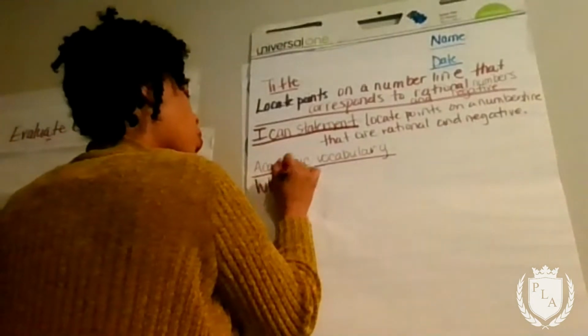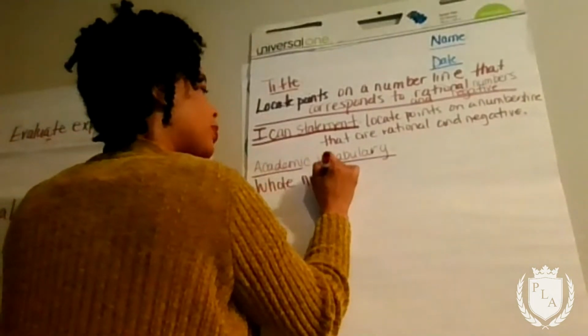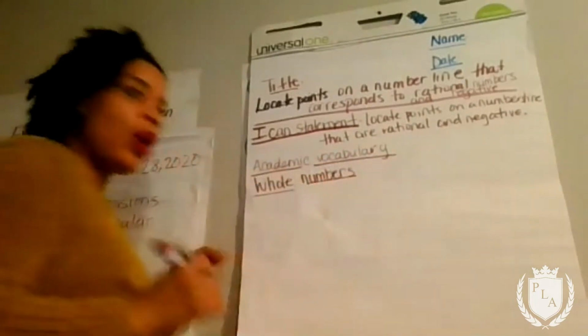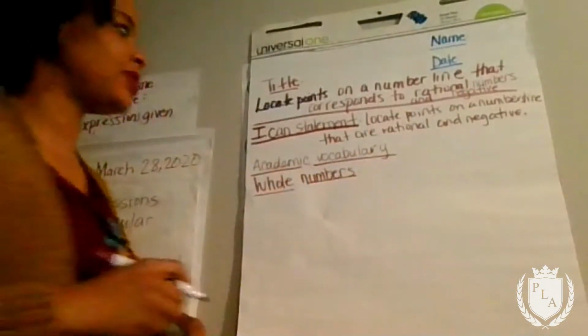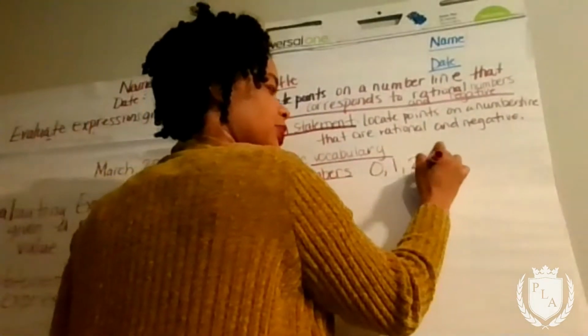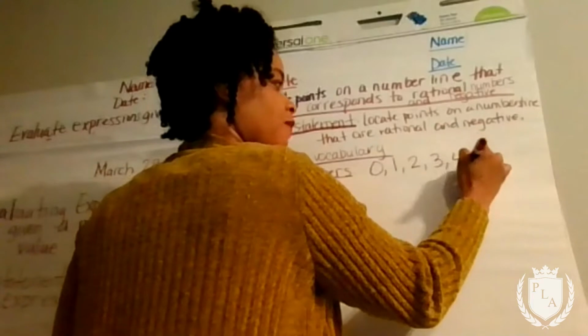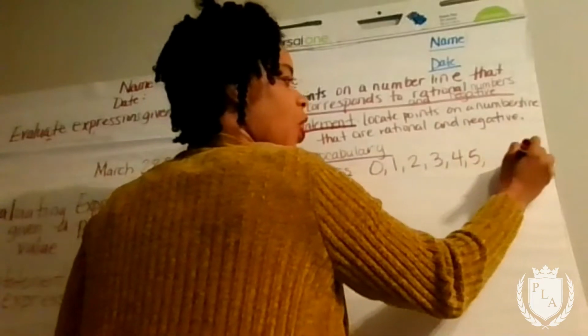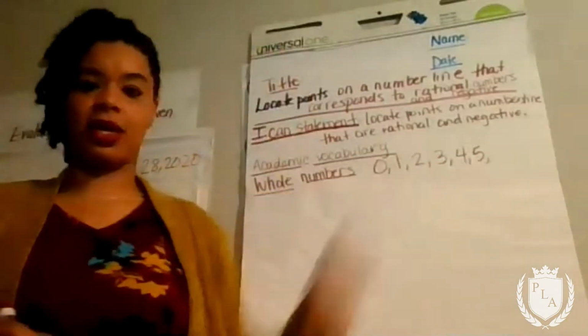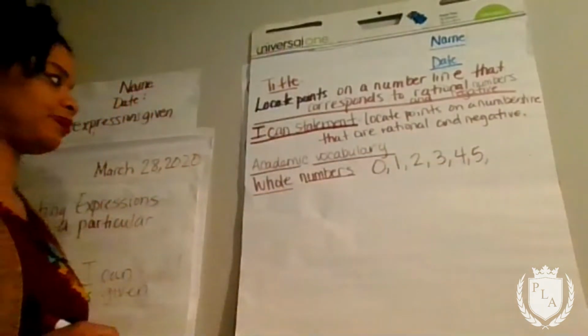Whole numbers. Does anyone remember what whole numbers are? Whole numbers are numbers that include 0, 1, 2, 3, 4, 5, all the way to infinity. Okay, it keeps going. It does not stop.